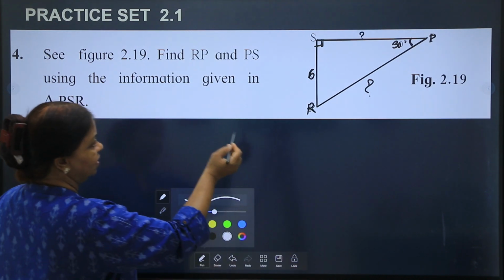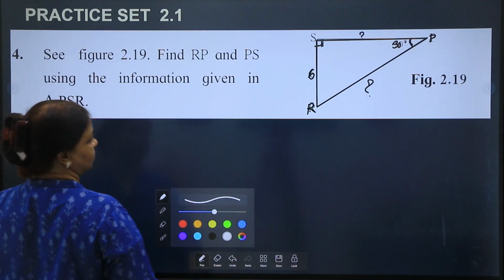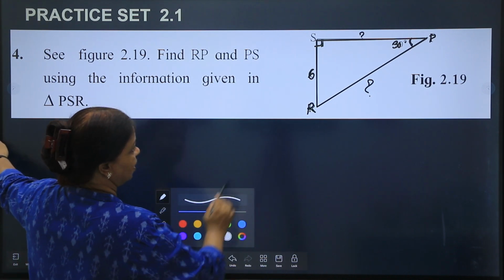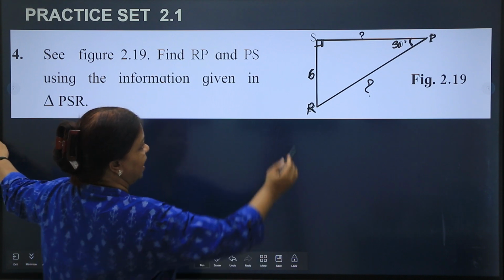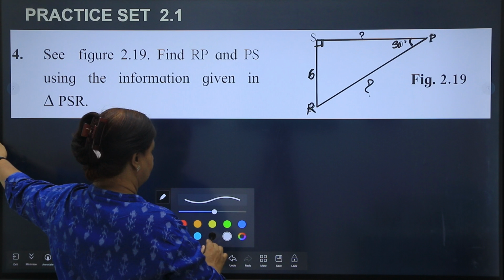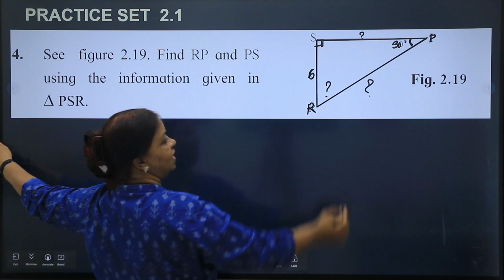In this triangle, children, P is given 30, S is given 90. So the third angle can be found easily.